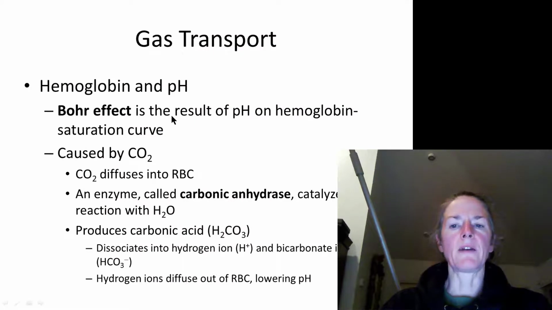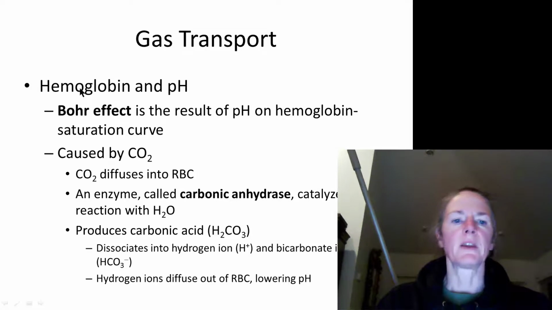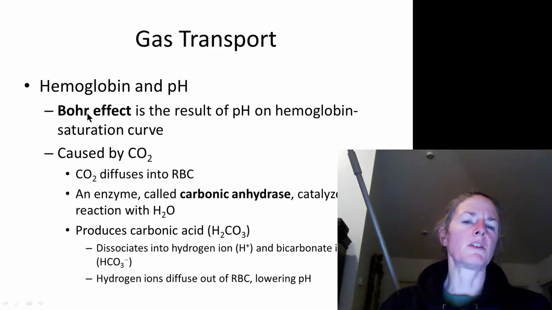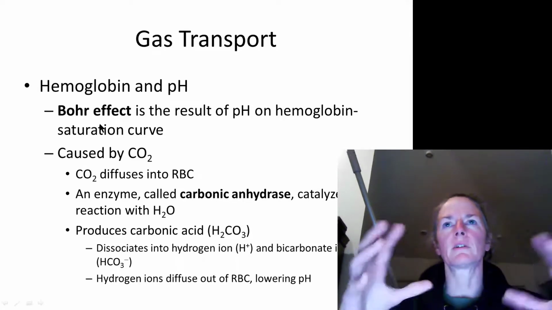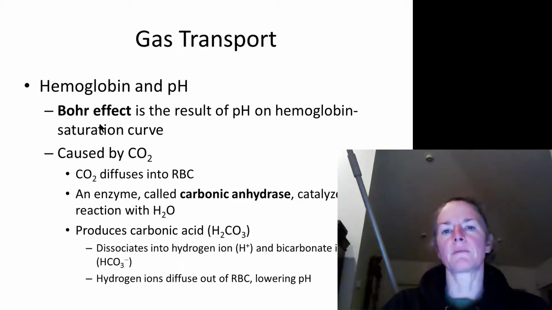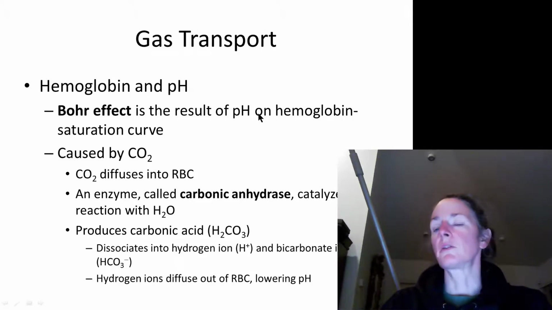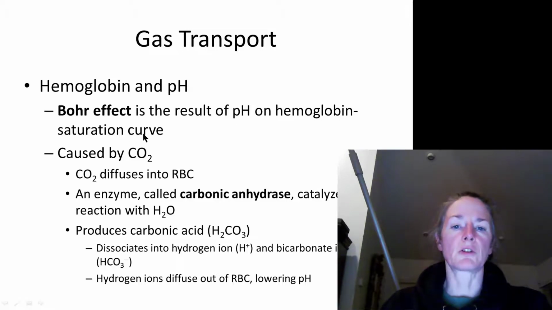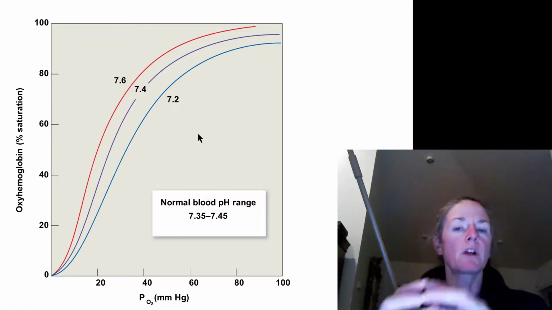All right, so we have a couple of things, for example, pH. We've talked about pH. I think it was Niels Bohr's father, a physician, whose son came up with the hydrogen model of the atom, who found out that the pH is going to change the hemoglobin saturation curve. It's going to change the affinity of hemoglobin for oxygen.